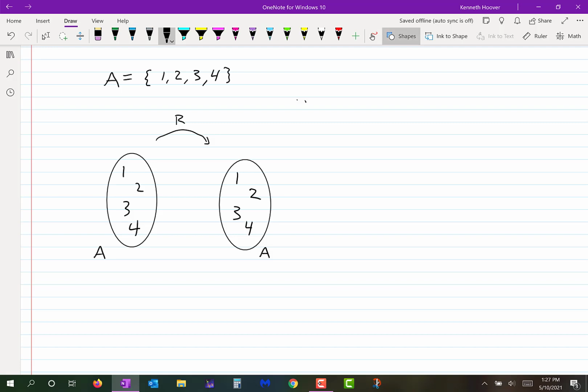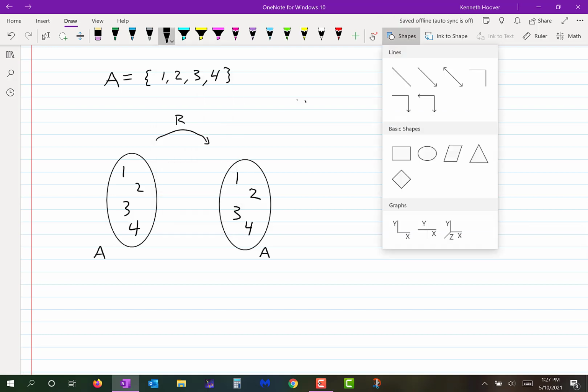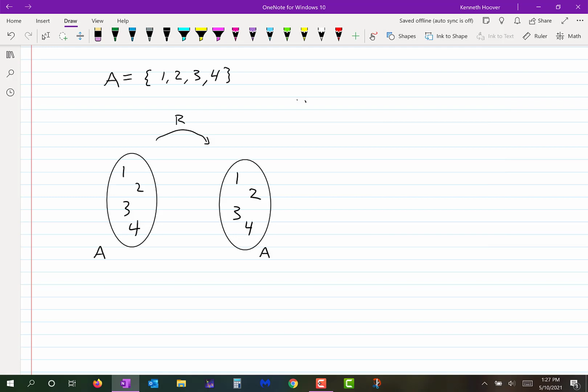Let's put the arrows in there. Okay, and I'm going to do the relation like this. Let me think for a second here. Okay, I don't want to make it too crazy.